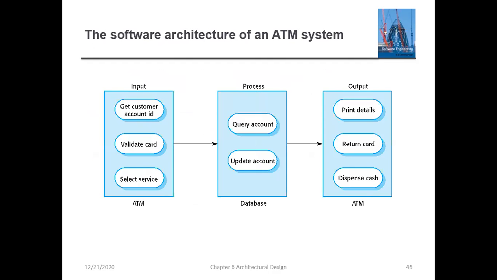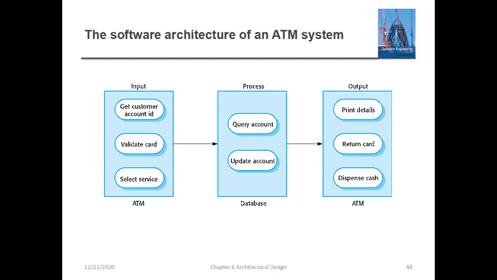In input we get the customer account ID, which is validated against the access control data, that is, the username and password; in the case of an ATM we call it the PIN. Then the card is validated, and then we give the input for the particular service: withdrawing money, SWIFT, interbank transactions or transfers. Whichever related service we have, we have to select it. These are all the things in input.